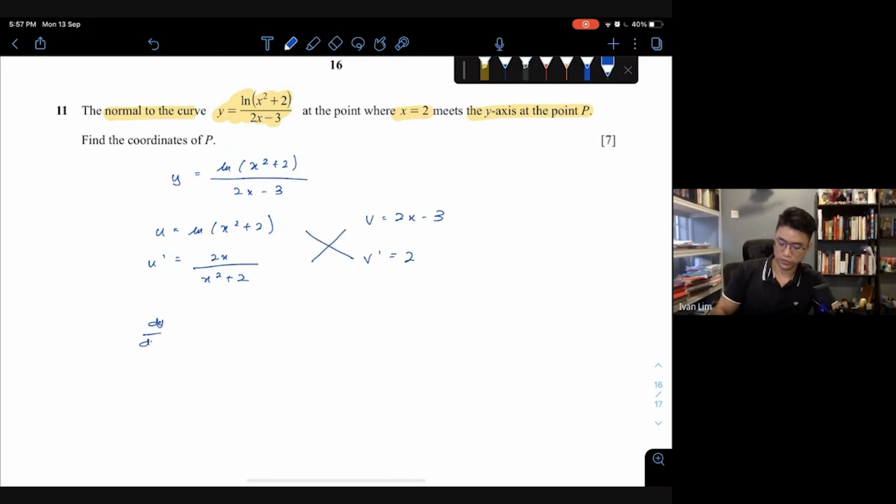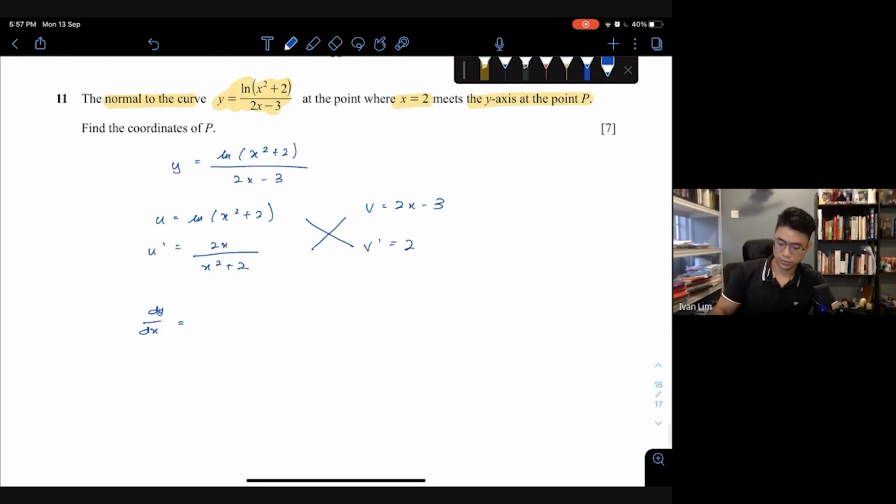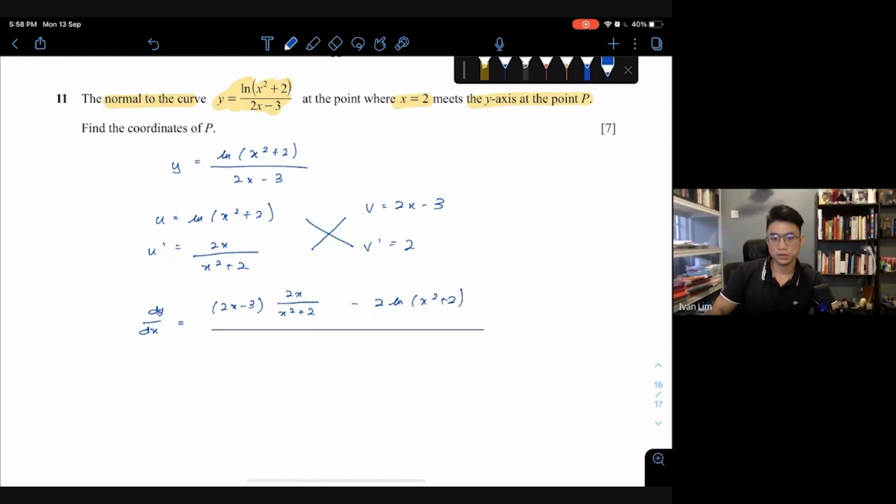Okay, dy over dx, what would you get? 2x minus 3 times 2x over x squared plus 2, minus 2 ln of x squared plus 2, over 2x minus 3 squared.